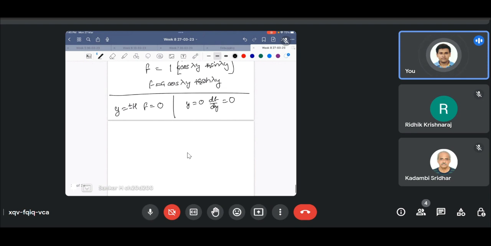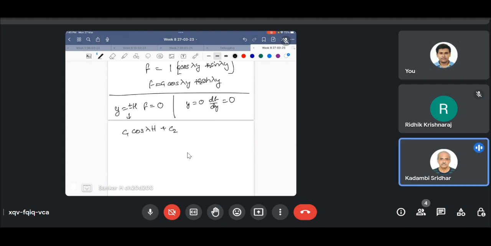Alright, we substitute these boundary conditions one by one. First, we'll put the first one over here. We'll get c1 cos lambda h. I'm just putting plus h over here for the sake of simplicity. It doesn't matter if it's plus h or minus h, we'll get the same answer. Plus C2 times sine lambda h should be equal to 0.